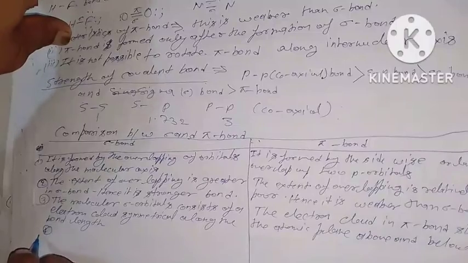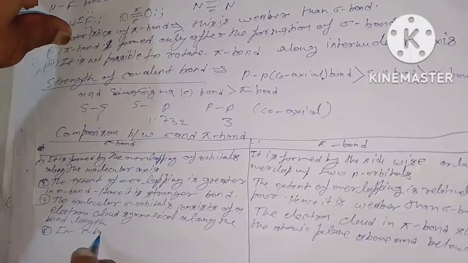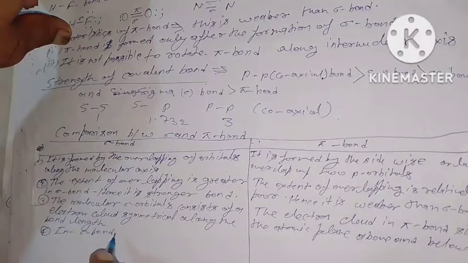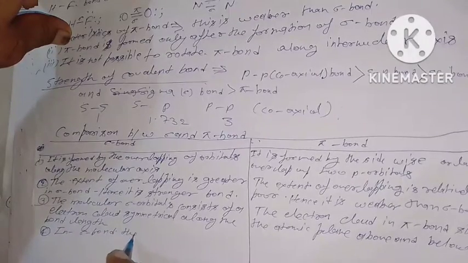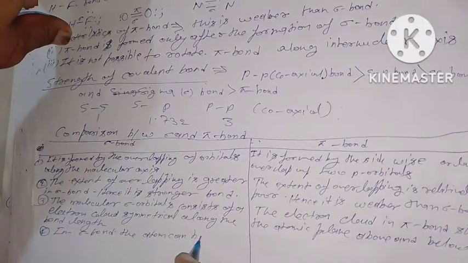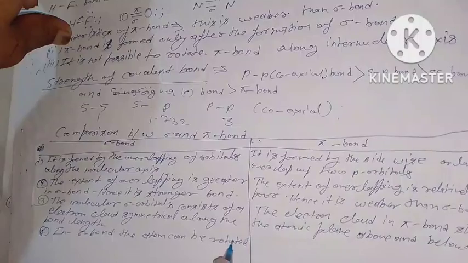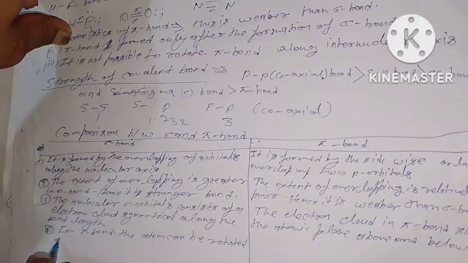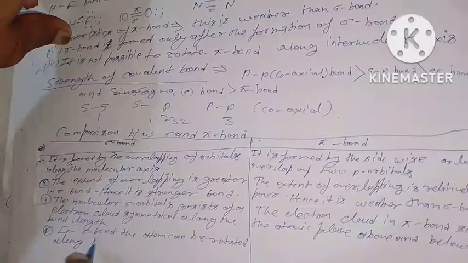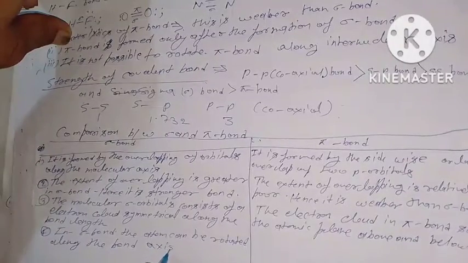Fourth point. In a sigma bond, the atoms can be rotated freely along the bond axis.